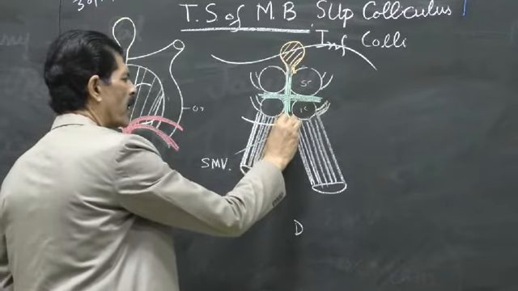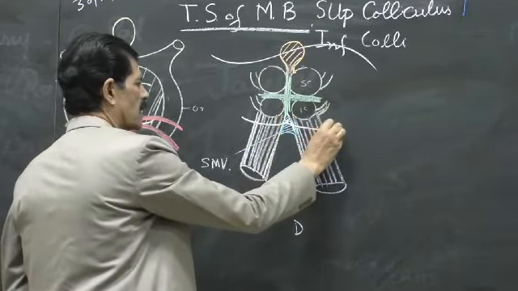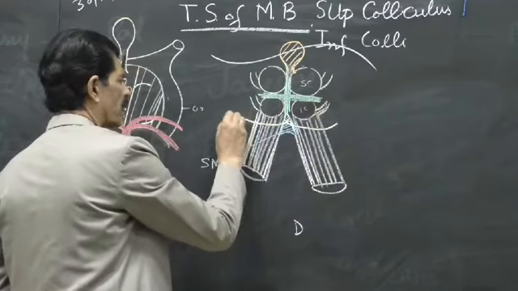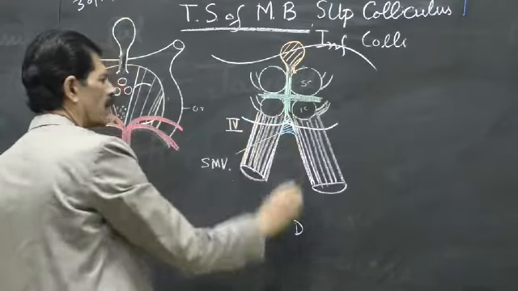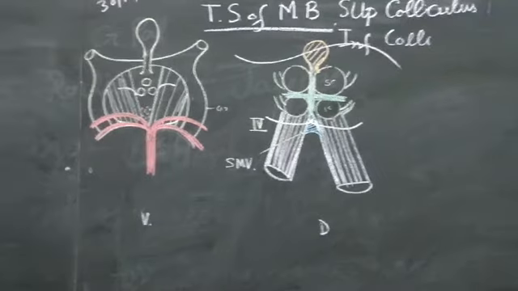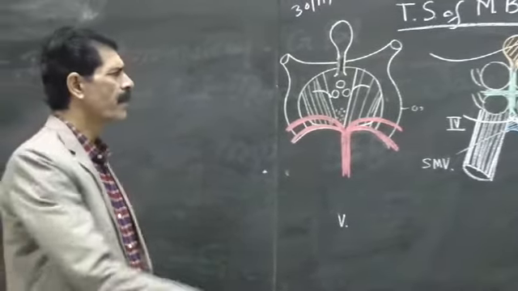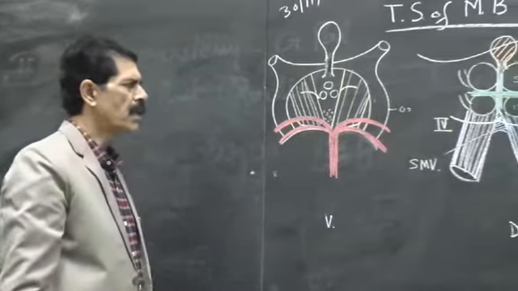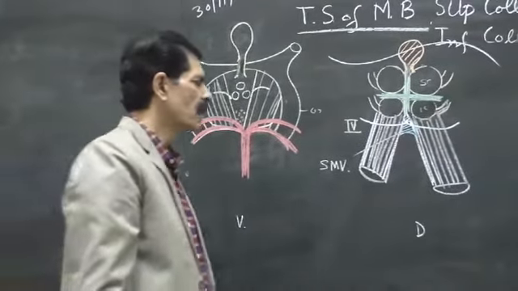So this is how we make the fourth nerve, the trochlear, coming after crossing from the superior medullary velum. So this is the diagram, ventral and dorsal aspect of this.